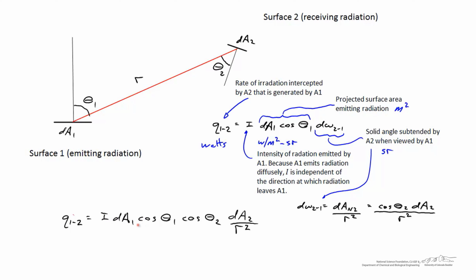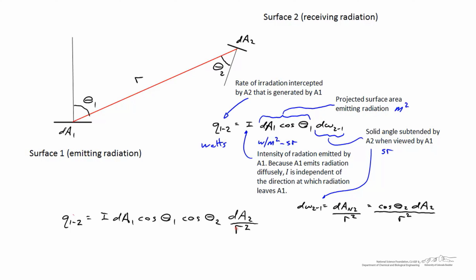It's also dependent on the angle, cosine theta 1 and cosine theta 2. If either one equaled 90 degrees, there would be no radiative transfer, because one surface would essentially be parallel to the radiation. And finally, it's inversely proportional to the square of the radius.